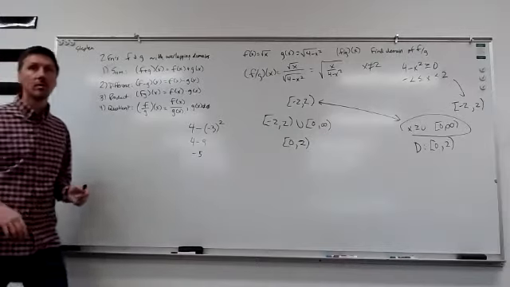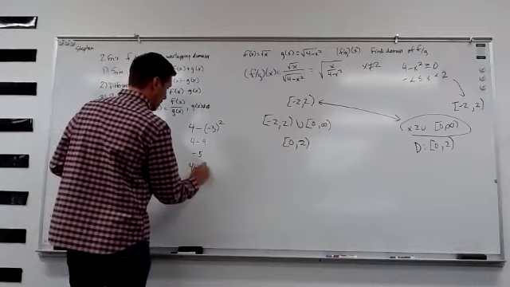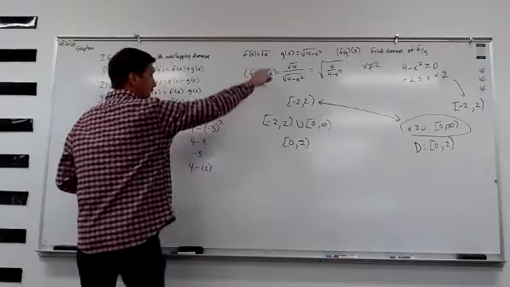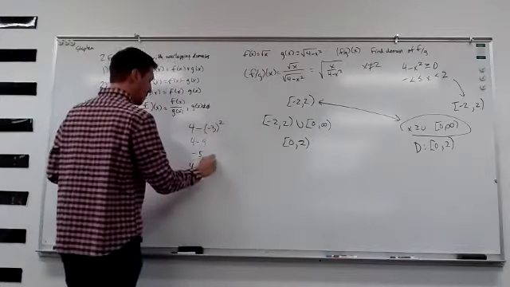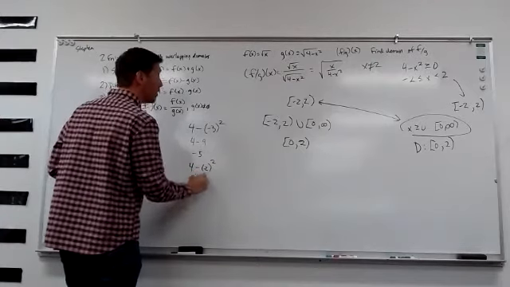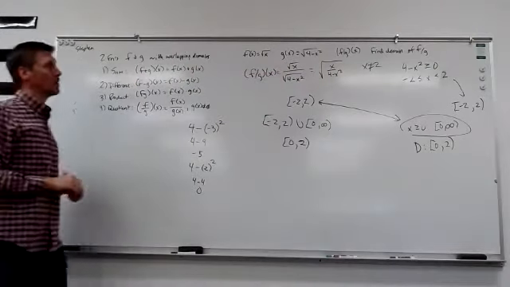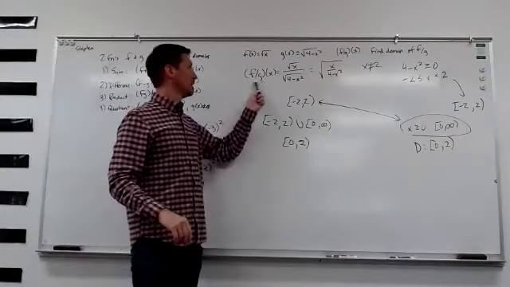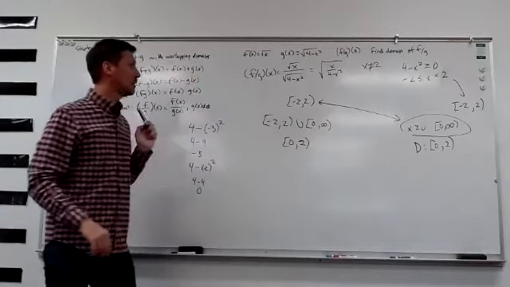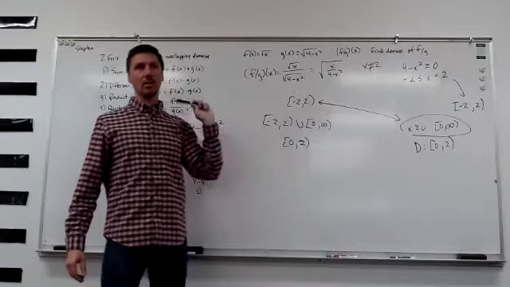So how about -2? If we were just looking at this, -2 would be okay, because it would look like this, and we would say 4 minus 4, and that equals 0. And we're totally okay with g of x being equal to 0. But we have a problem because in the combination of the two, g of x is on the bottom of the equation, and we can't divide by 0.